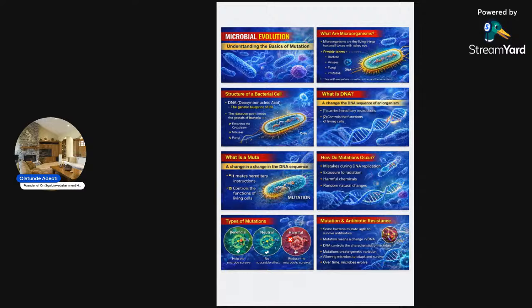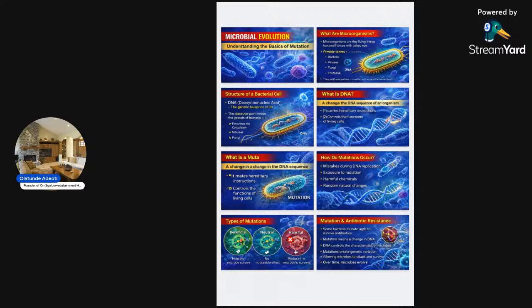So why do we have to study microbial evolution? Microbes evolve very rapidly compared to plants and animals because of their sizes. Growth occurs more rapidly than it does in either plants or animals.